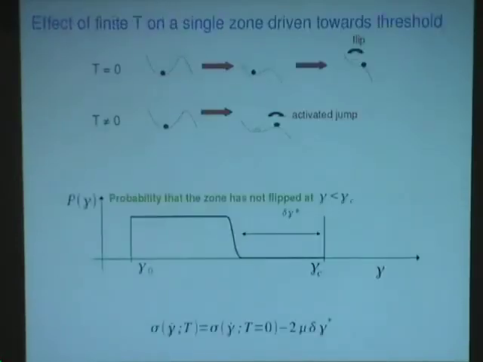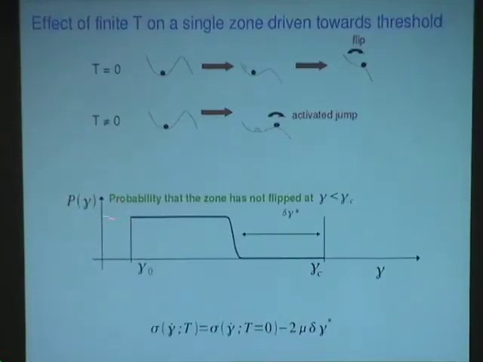The idea that we have is the following: you have this shear transformation zone, and at t equals 0, each of these zones will flip just when they reach a local instability threshold. At finite temperatures, they can flip in anticipation. So the idea is to write a Fokker-Planck equation for the probability that the zone is still in its stable location.